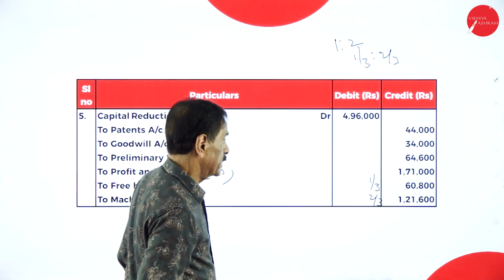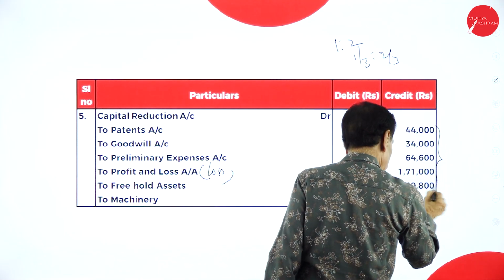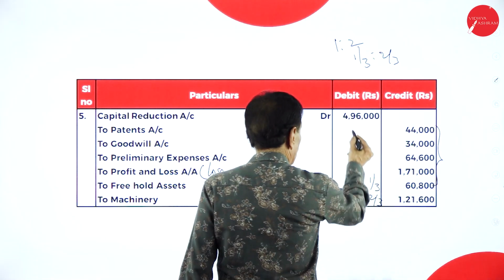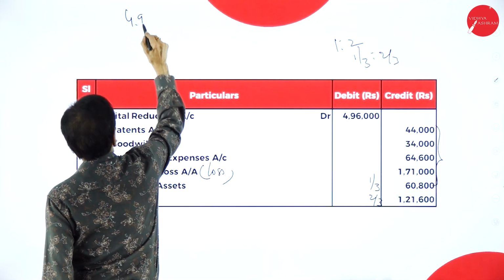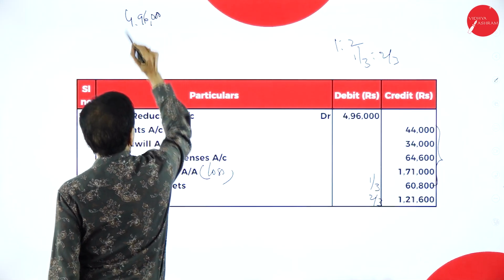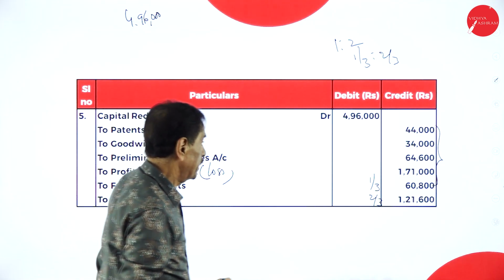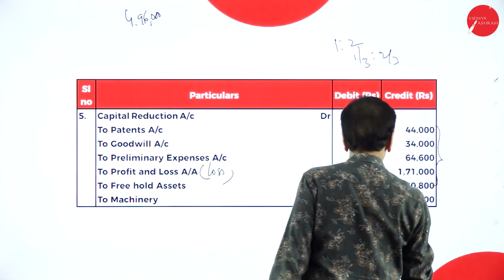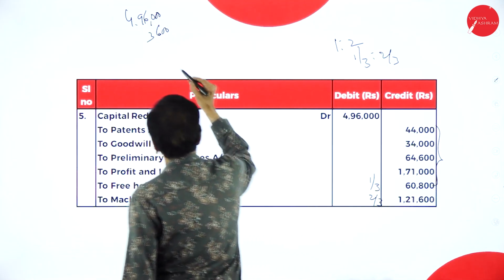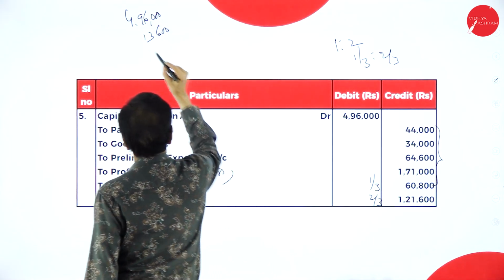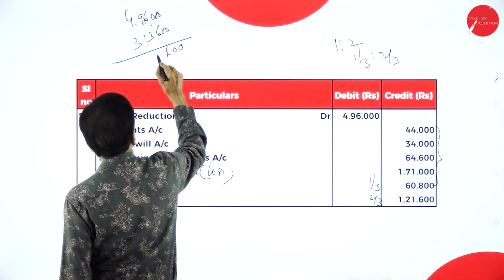So you have to understand this. Whatever the balance is, deduct all these things. Here you got 4,96,000. Out of 4,96,000, whatever the amount available, if we add, the total utilized is 3,13,600.